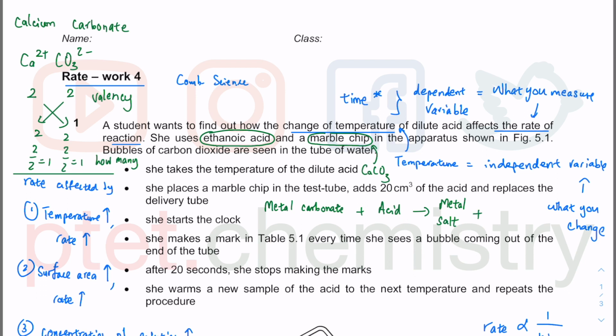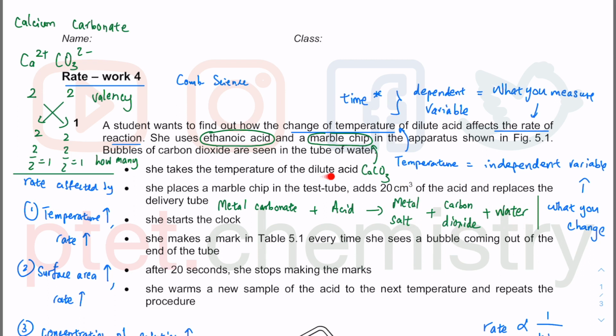And you get carbon dioxide, which is 1 carbon and 2 oxygen. You also get water as your other product. This is a key type of reaction for acid plus metal carbonate. You get 3 products: the metal salt, the carbon dioxide, and the water.